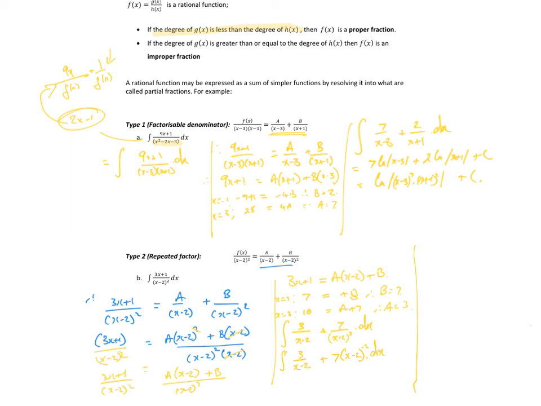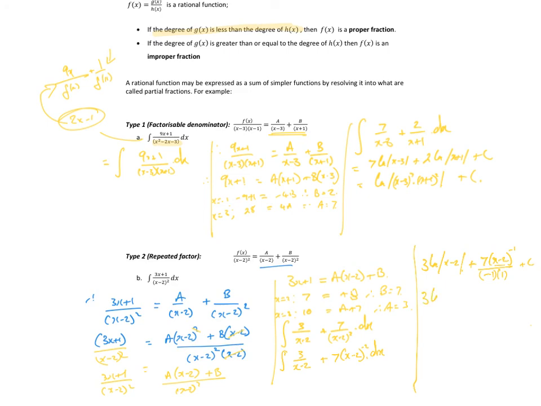So the antiderivative: first term, 3 natural log of the absolute value of x minus 2, plus, we add 1 to the power, so I've got 7 times x minus 2 to the negative 1, divide by the new power negative 1, divide by the derivative of the bracket, which is 1, plus c.